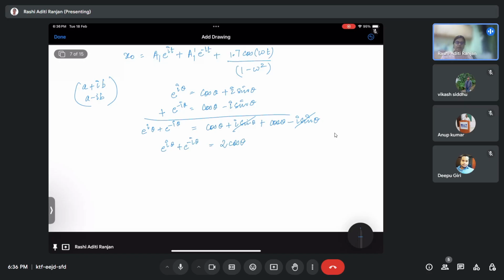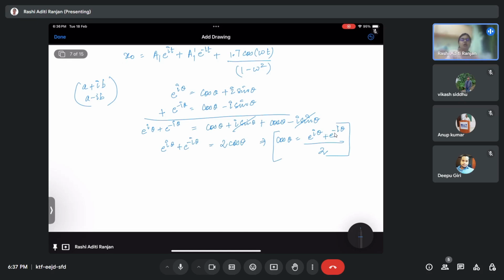So in that case, we can write cos theta as e to the power i theta plus e to the power minus i theta divided by 2. This is true for all theta. So what have we done?